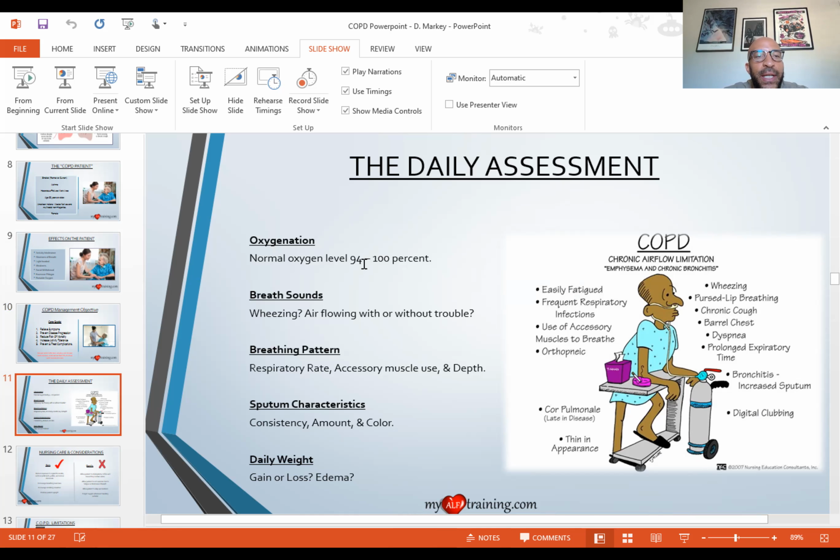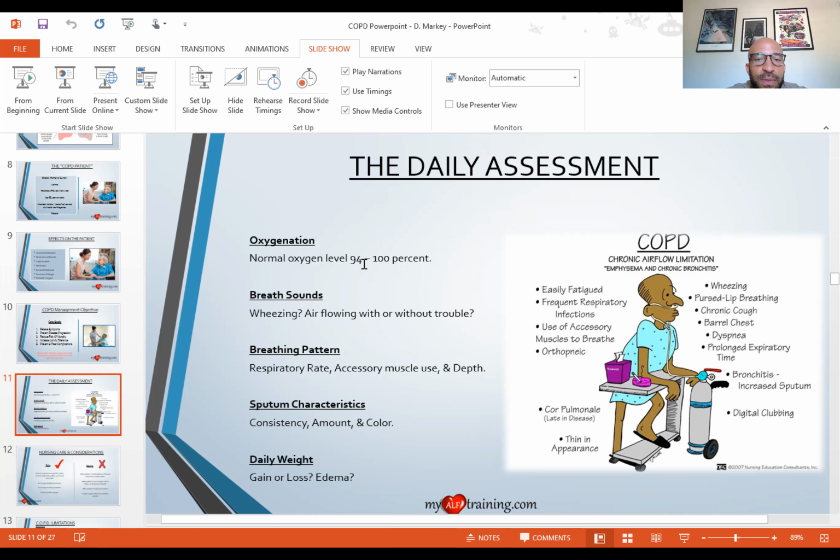The doctor will allow the patient to saturate at a lower level because the patient has an advanced stage of COPD, and normal oxygen levels for me and you isn't obtainable for them at this point in their care, but maybe with some aggressive treatment, it will be. So the doctor allows for that oxygenation level to be below 94. So be mindful of this, because this is something that the doctors may do. So be mindful and look out for that. When you are assessing your patient, know what the patient's normal is.